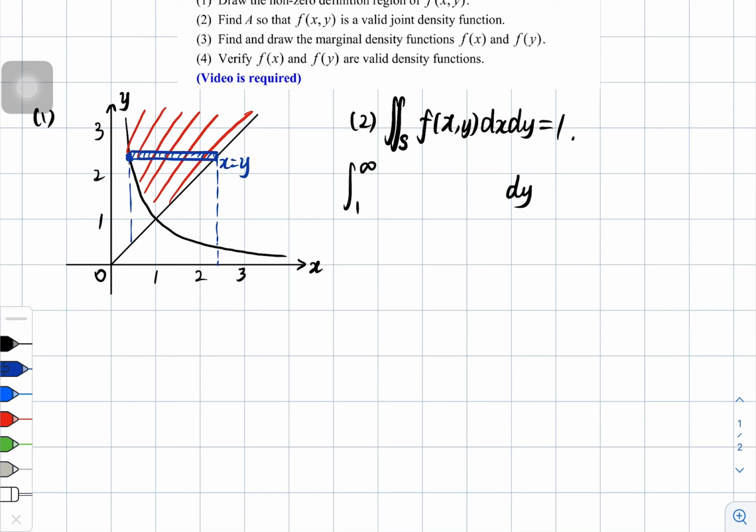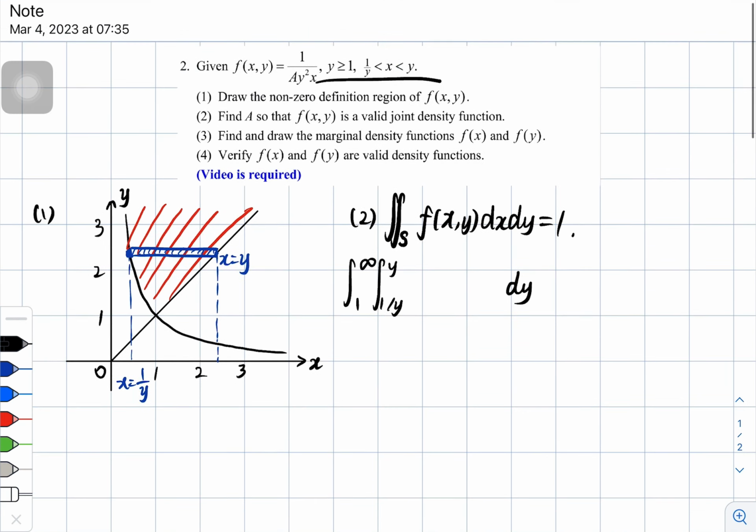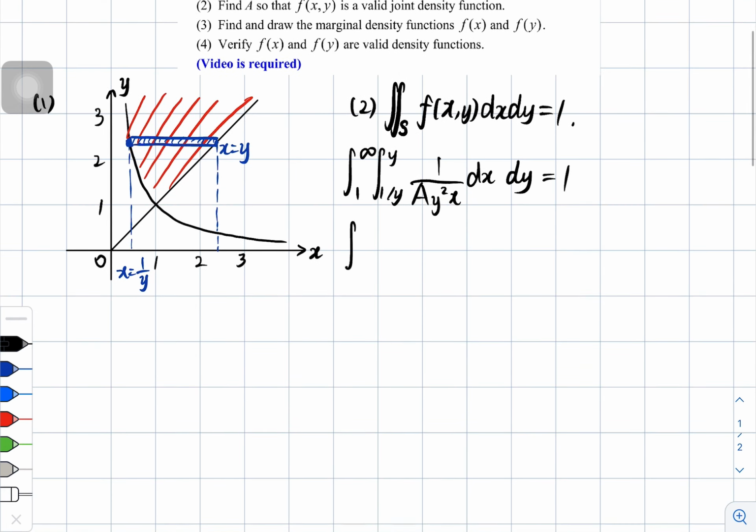This is x equals 1 over y. So it should be y to 1 over y. And this is fx. We have known this part. That's all. Now we calculate it.